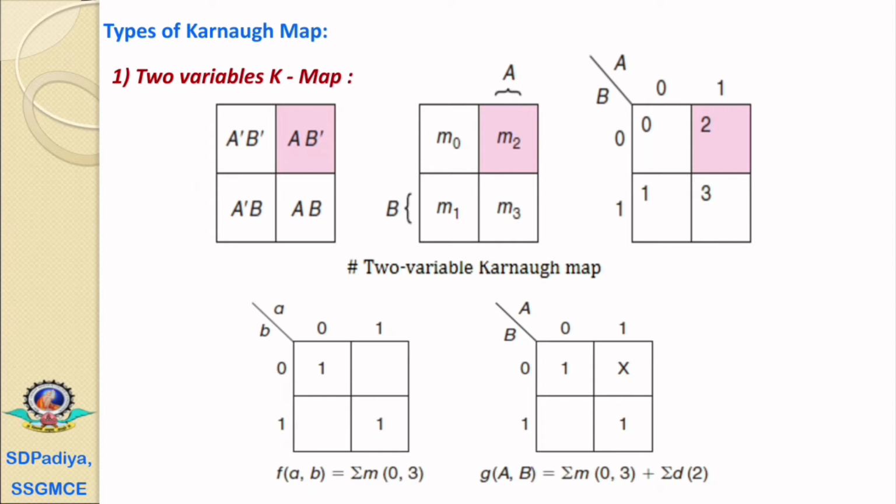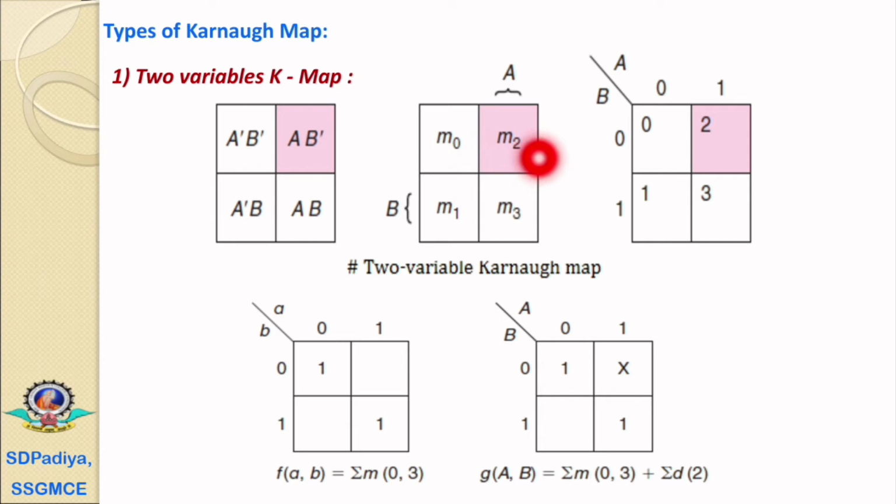Therefore, now as per the min term, a dash b dash is m0, because 0 means a complement of a variable and 1 means a variable. Therefore, for the complemented variables a dash b dash, it will be 0 0, that is m0. The next to this will be m1 for a dash b.